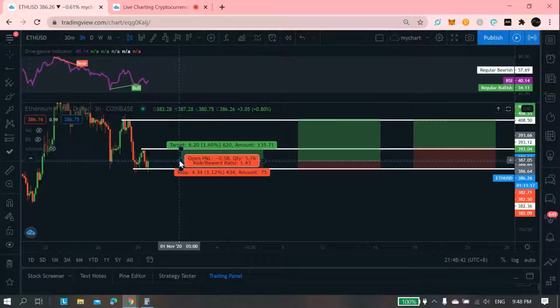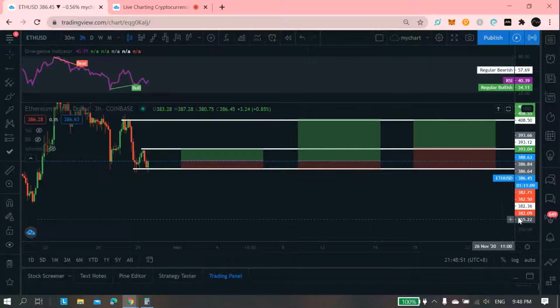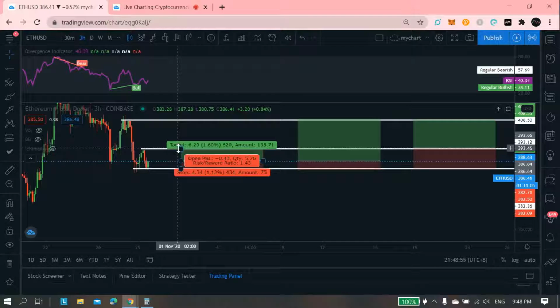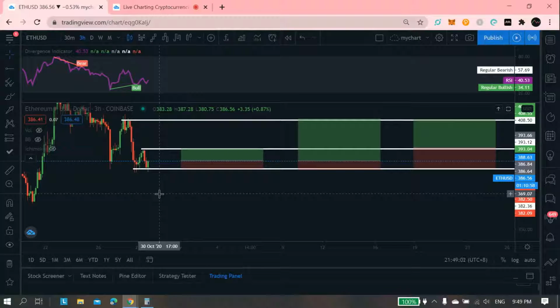But if my order is within the trend I'm looking at, for example this one, if I entered at 388 and it went as high as 393, I will also adjust my stop loss so that at least if the market reverses or goes down, I will still take a profit.